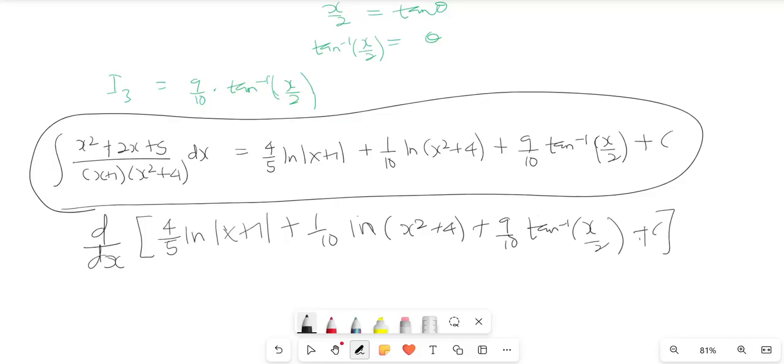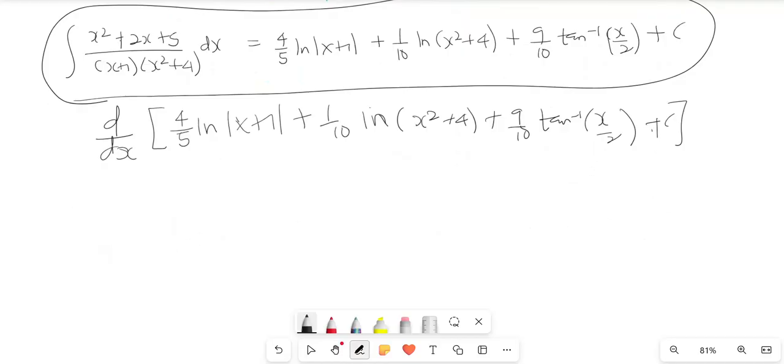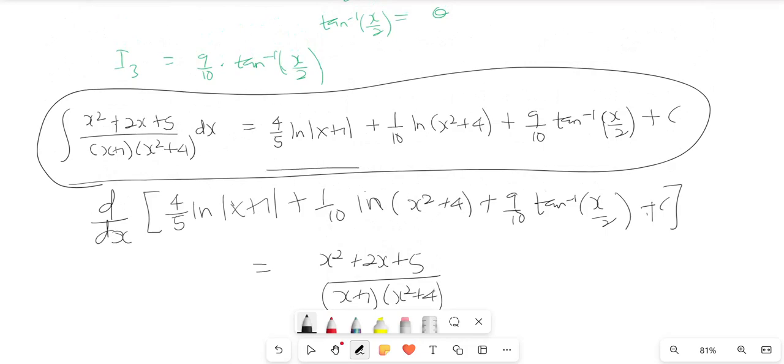When you do this, then you should be able to get our original function, that is x squared plus 2x plus 5 over x plus 1 times x squared plus 4. So this is the answer for this integral.